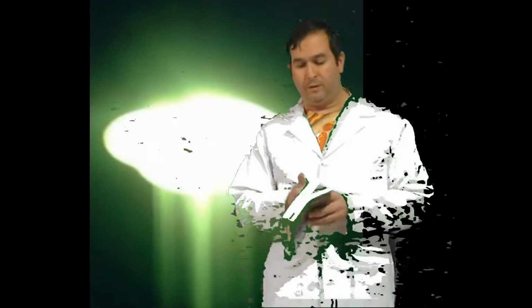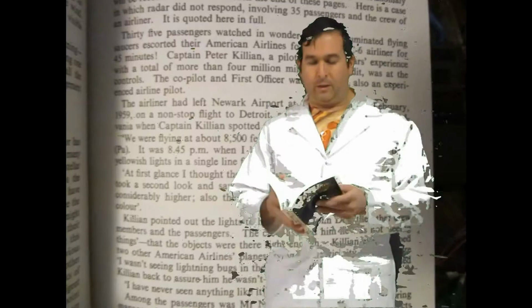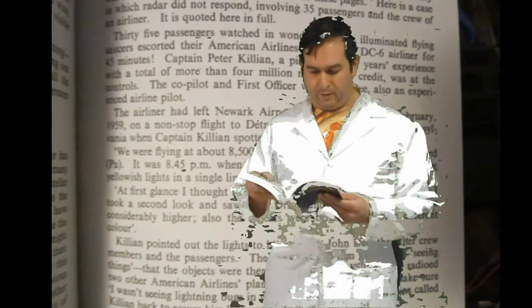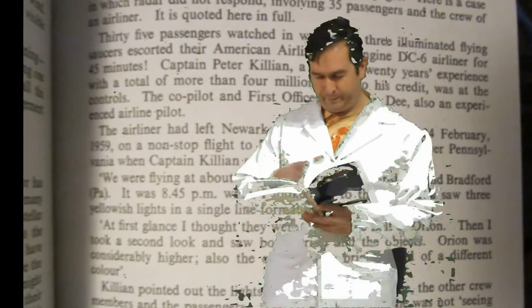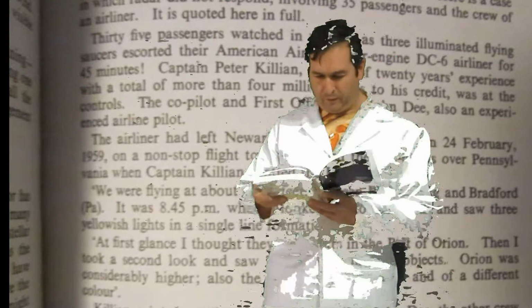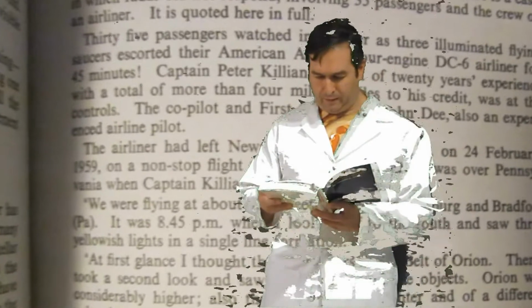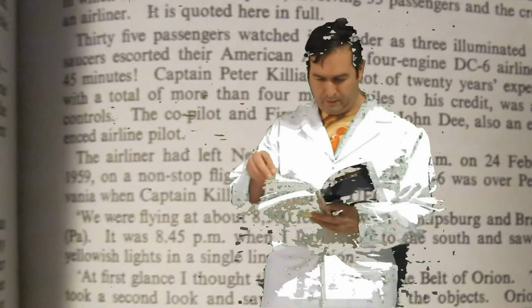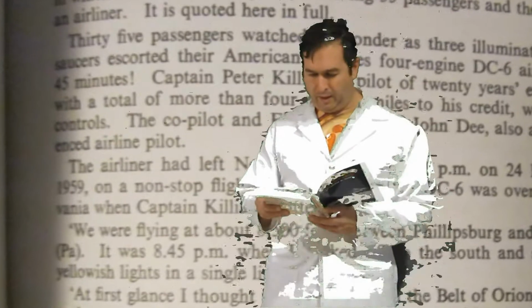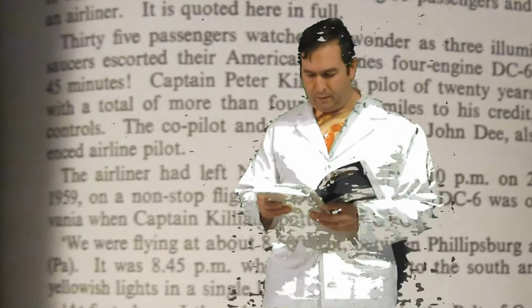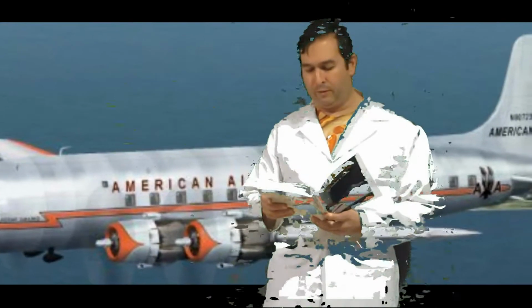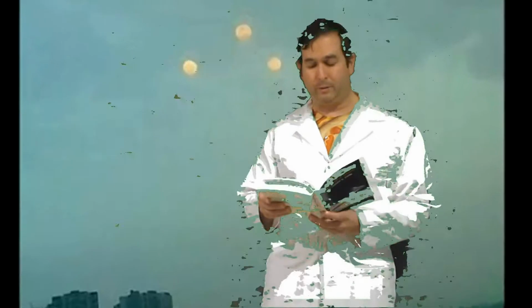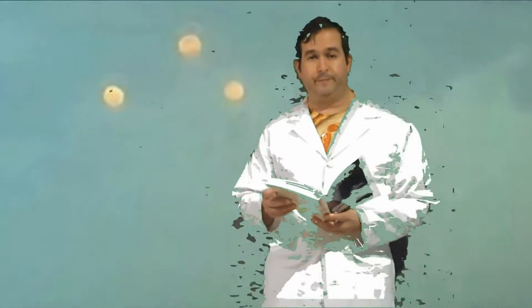And the other thing is that a couple of these reports, like let's look at this one, on page 143, I believe, and it was in 1959: a non-stop American Airlines flight to Detroit, and 3 luminous flying discs accompanied the airplane for quite some time.